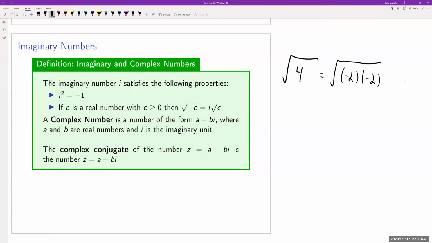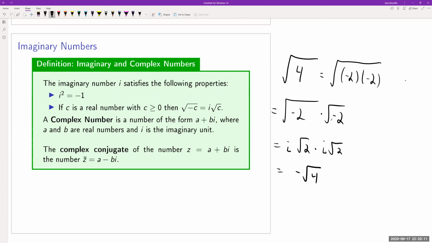Split these up into two square roots. Bring out an i from both of them. And turn this into -√4. That doesn't make any sense, yet each step that I've done seems logical.